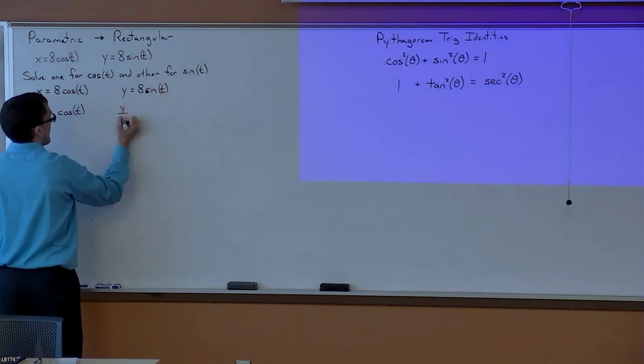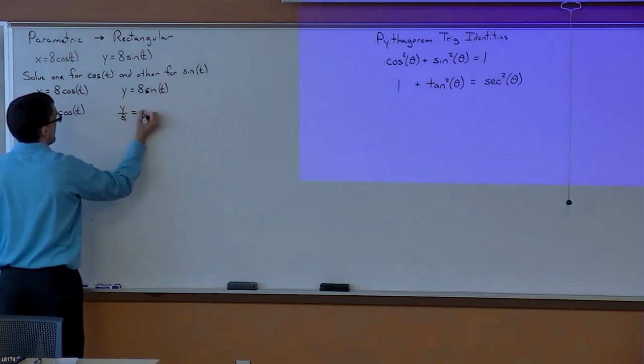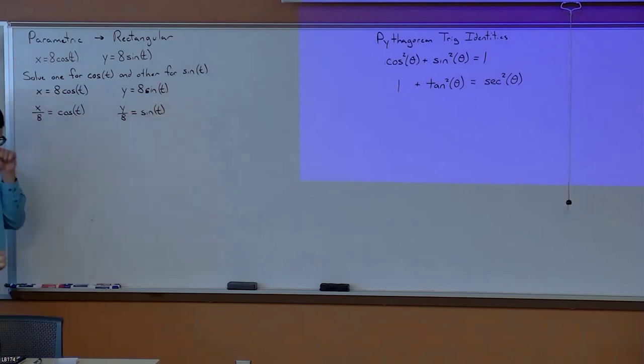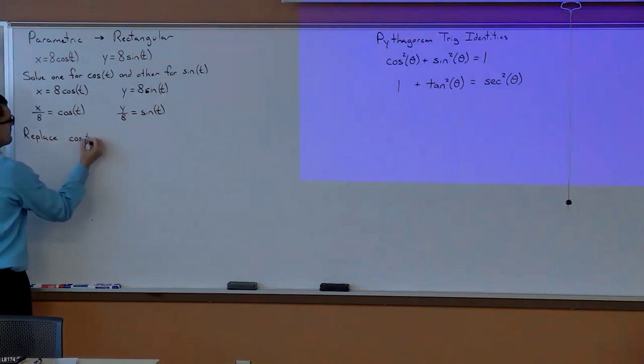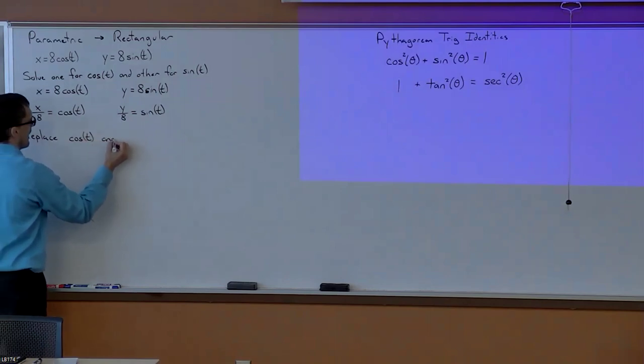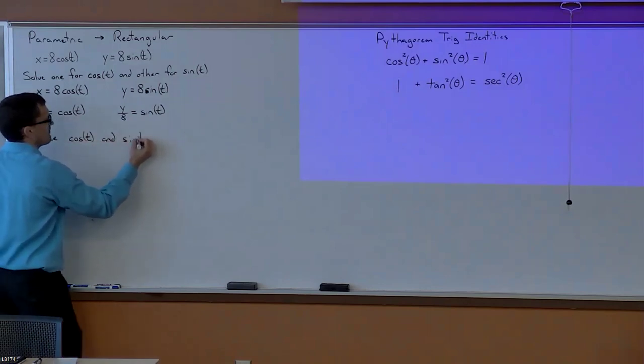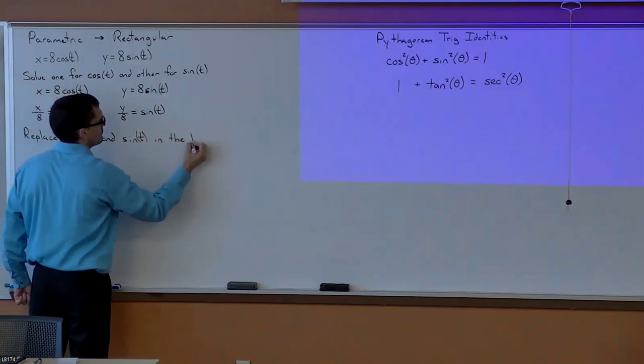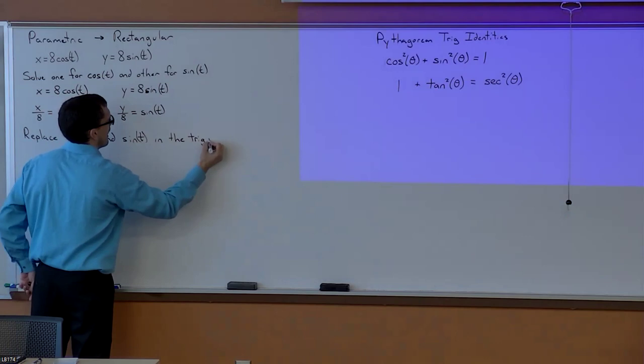We divide both sides by 8 and say y over 8 is equal to sine of t. And now replace cosine of t and sine of t in the trig identity.